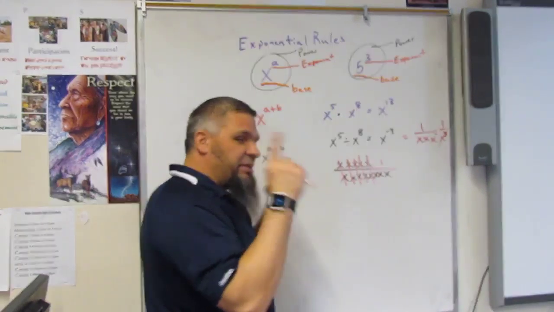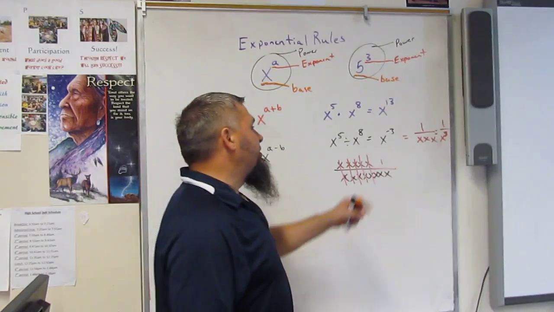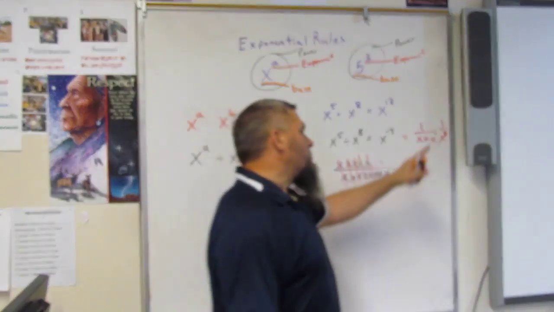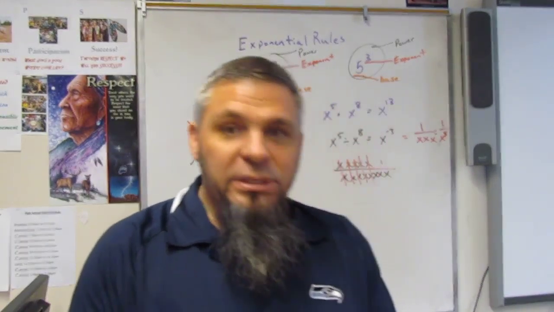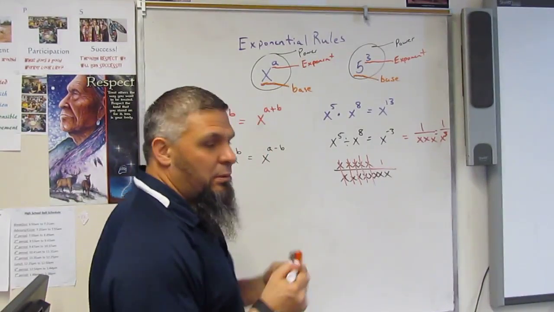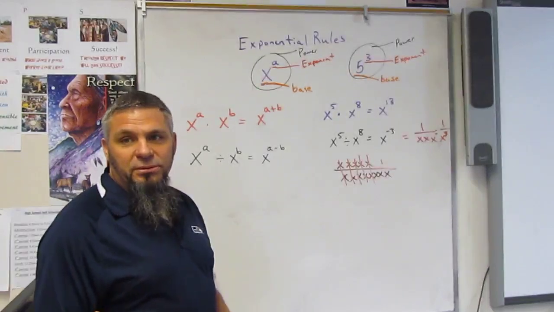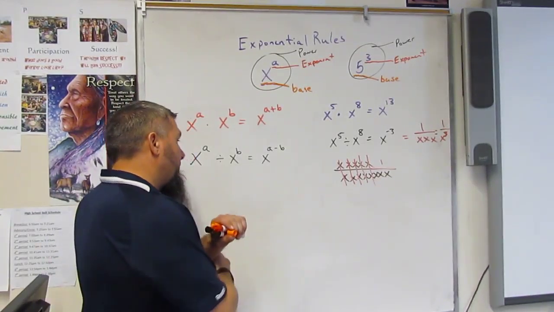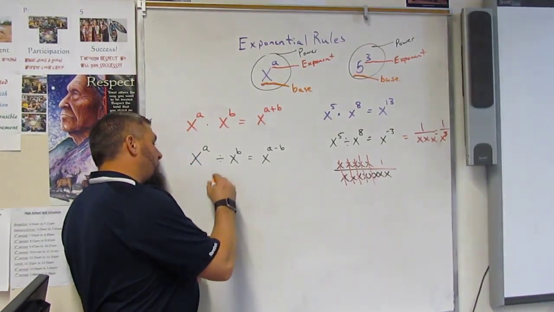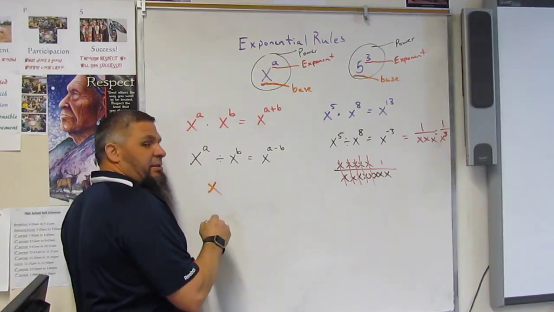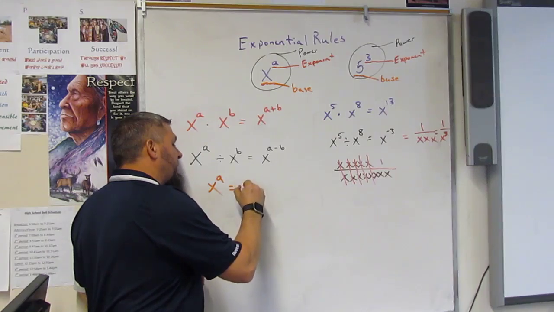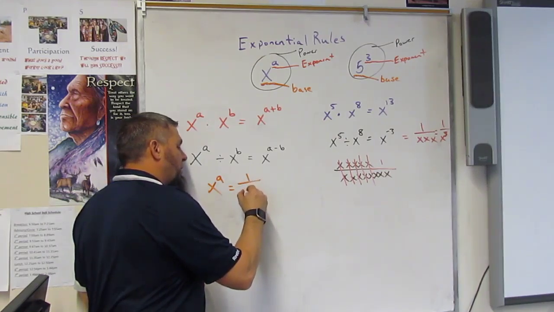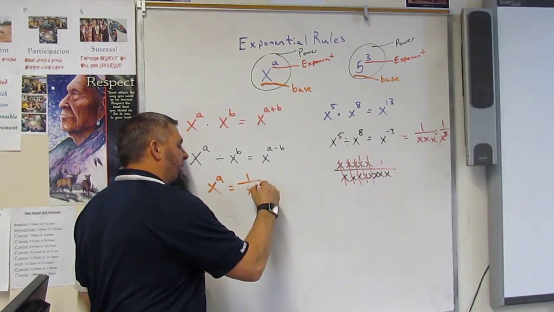So wait a minute. You're telling me that x to the negative 3 is the same as 1 over x to the 3? And I'm telling you, yeah. That's our next rule. Okay? Our next rule is x to the a is equal to 1 over x to the negative a.